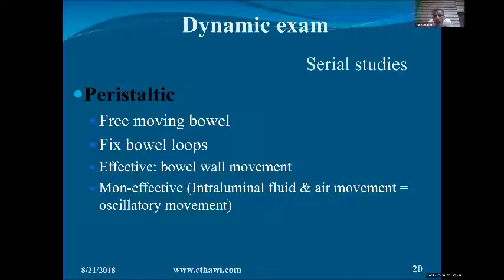And then you see no movement, fixed bowel, no movement of the bowel wall, no movement of the content, and that would be what we call fixed bowel loops. Usually we know that on the X-ray by doing a series of X-rays within a few hours period. So we call it effective bowel movement, ineffective bowel movement.